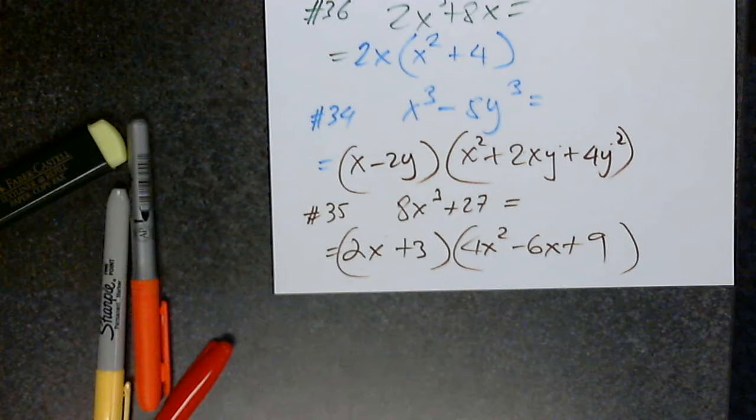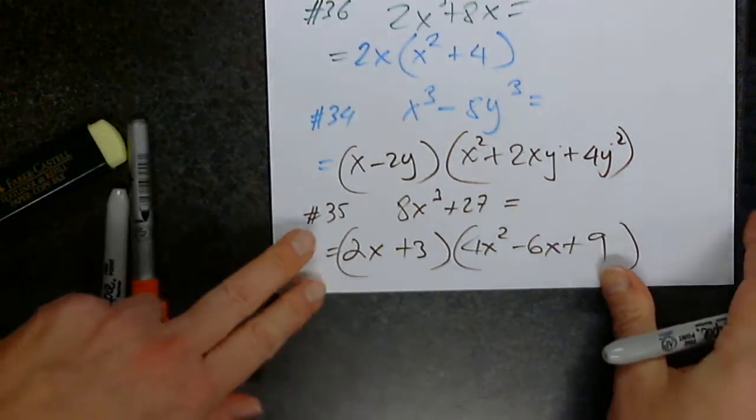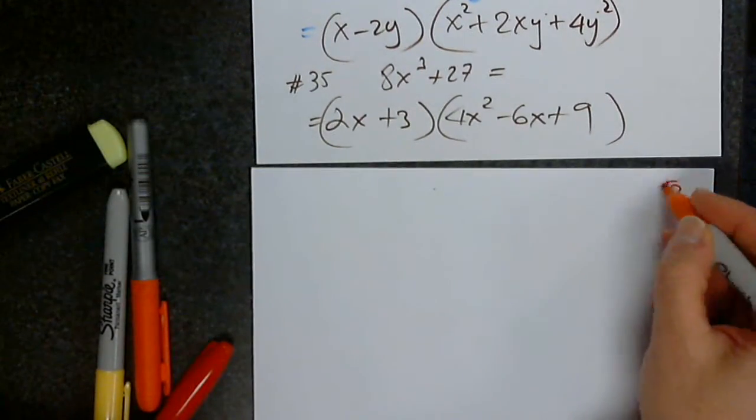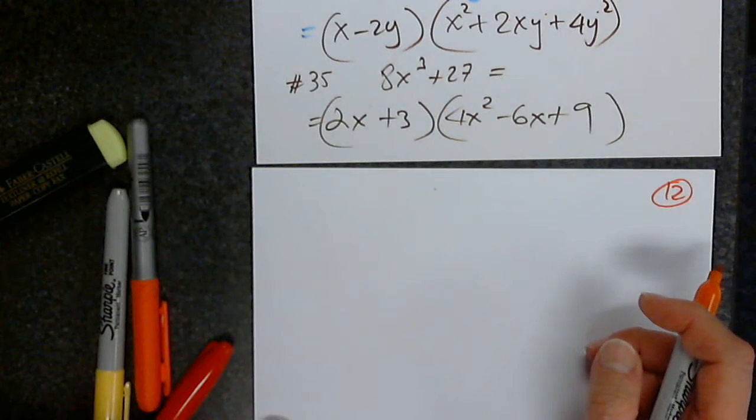Very good. Is this okay? Can you do 4x squared plus 9 and 2x plus 3? Can you have two solutions? Let's try.